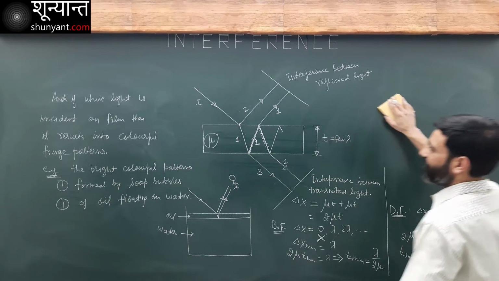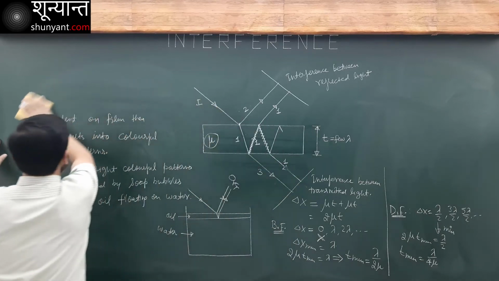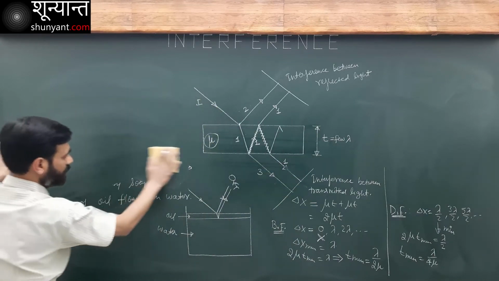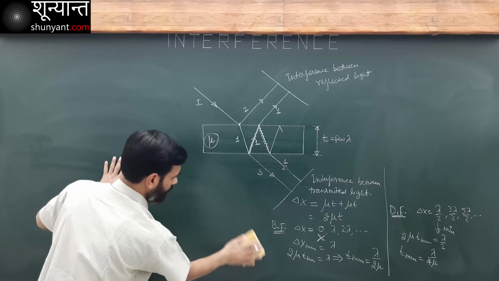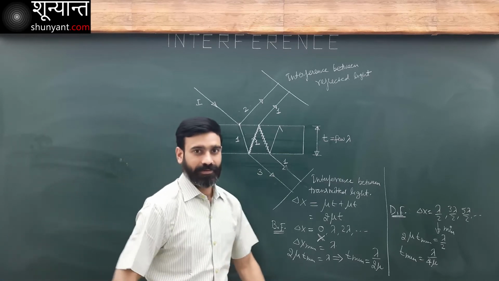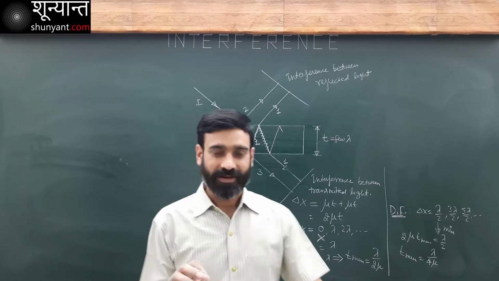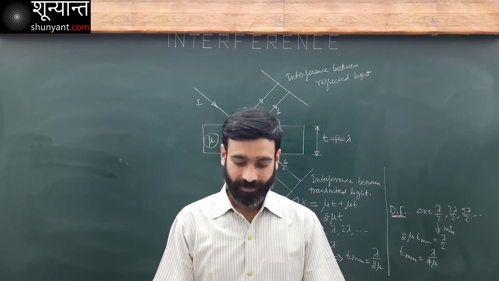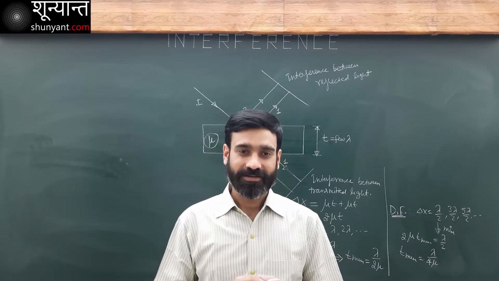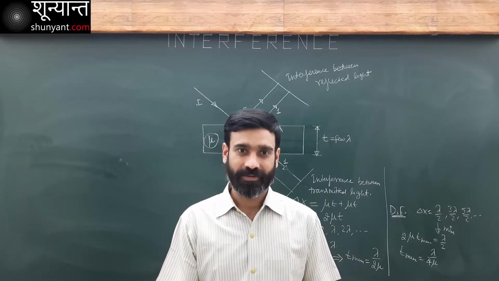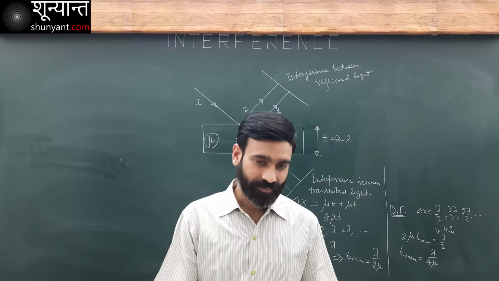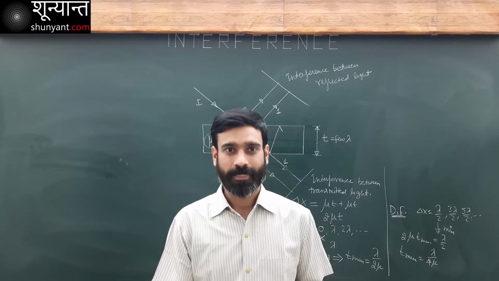Okay. Now, if you remember something, try to recall last year in the chapter on traveling waves, we were discussing reflection of a wave from a denser medium and from a rarer medium.